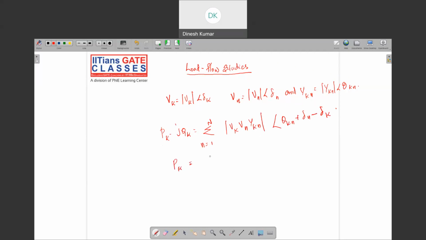Pk will be equal to the real part of this, so sigma n equal to 1 to n mod Vk, Vn, Ykn cos of theta kn plus delta n minus delta k, right? Here delta k is negative because we are taking the difference between the angles.